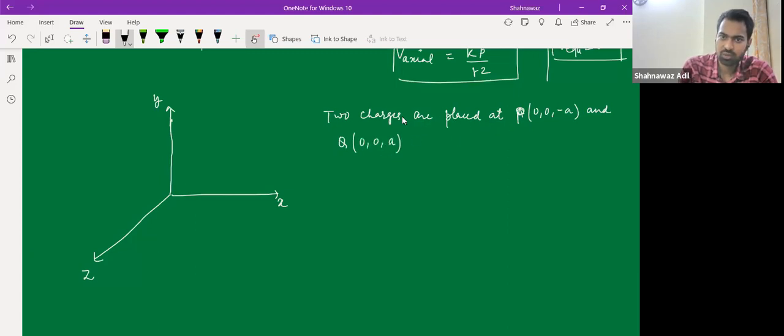At P we have charge minus Q, and at Q we have charge Q.